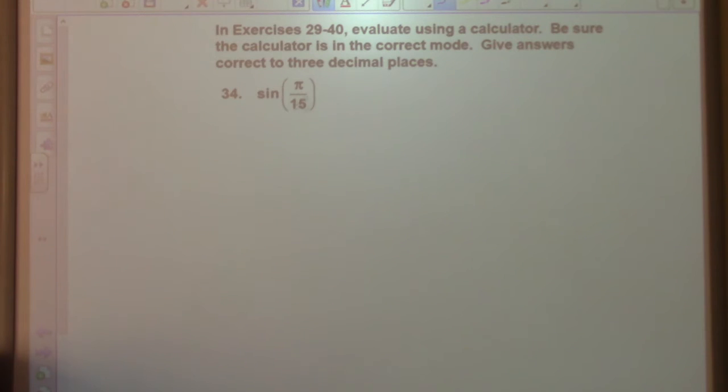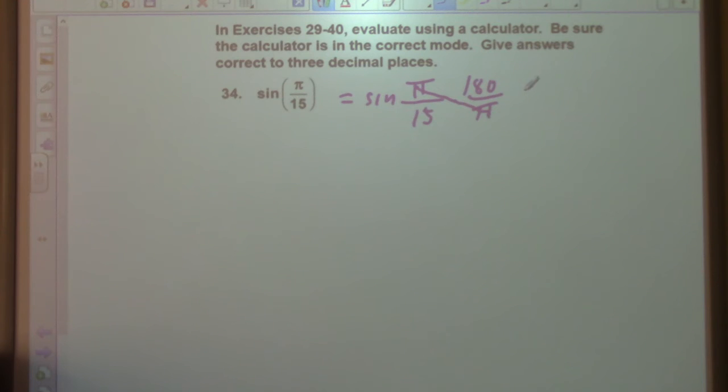If you want to stay in degrees, which I would probably do, I would just make this sine of pi over 15 times 180 over pi radians. And so you'd have that, right?